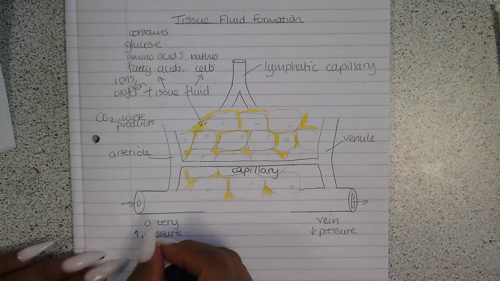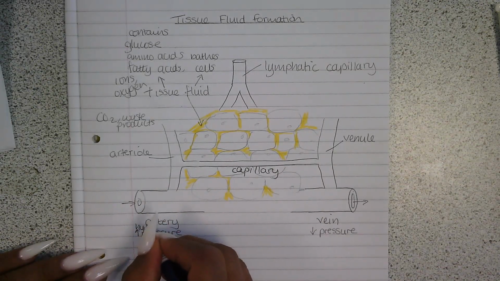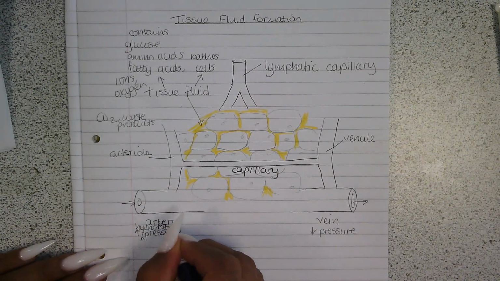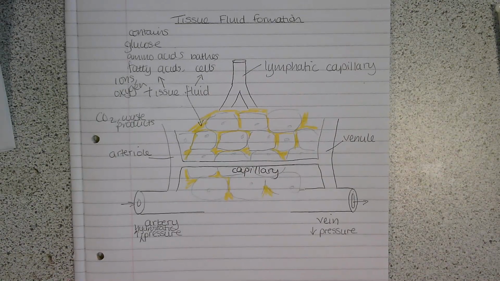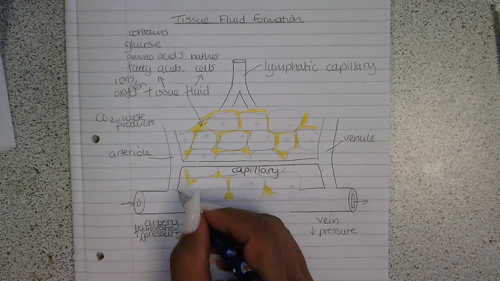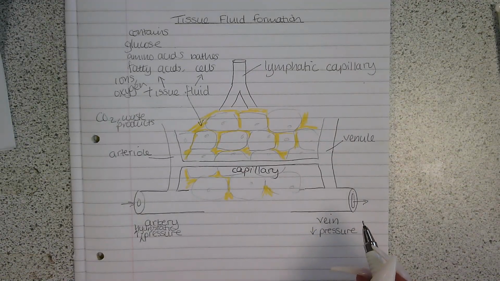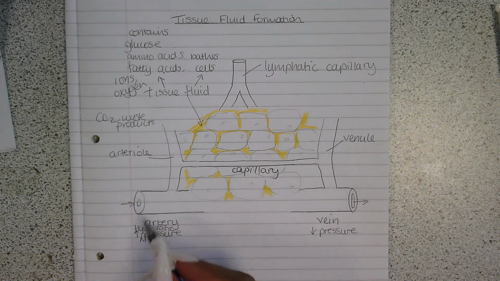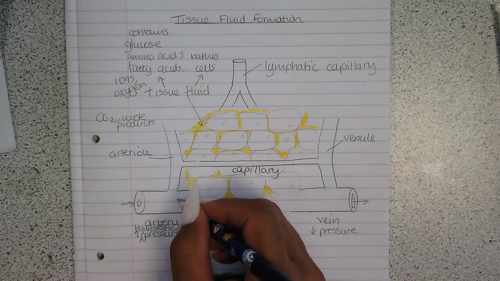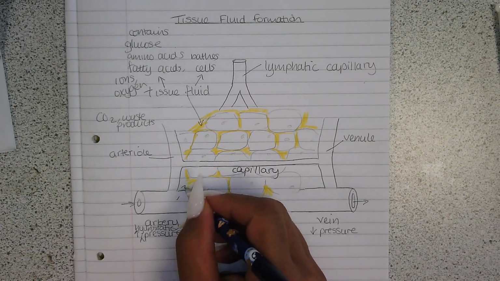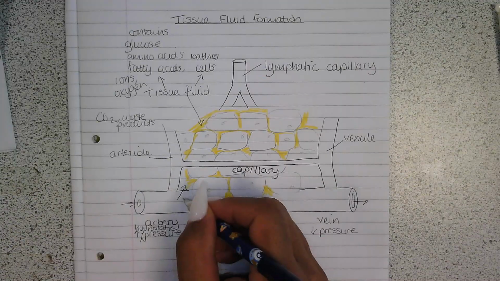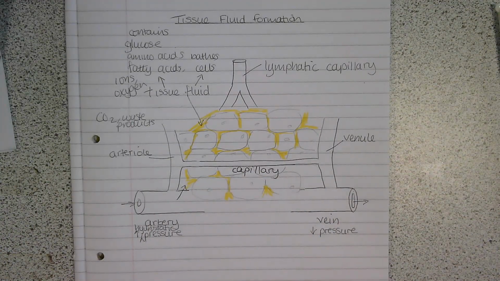So we say there is high hydrostatic pressure at the arterial end. There's hydrostatic pressure here, having an impact from the blood to the surroundings, but it's also being resisted. There's also pressure working against this hydrostatic pressure.